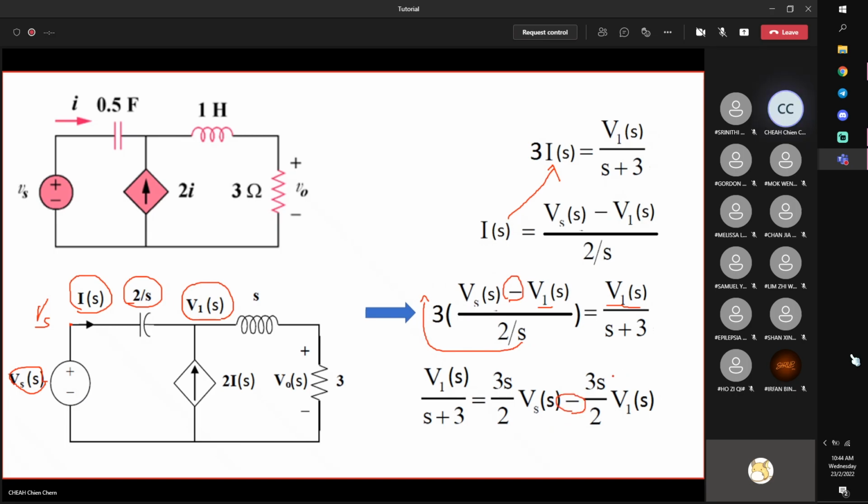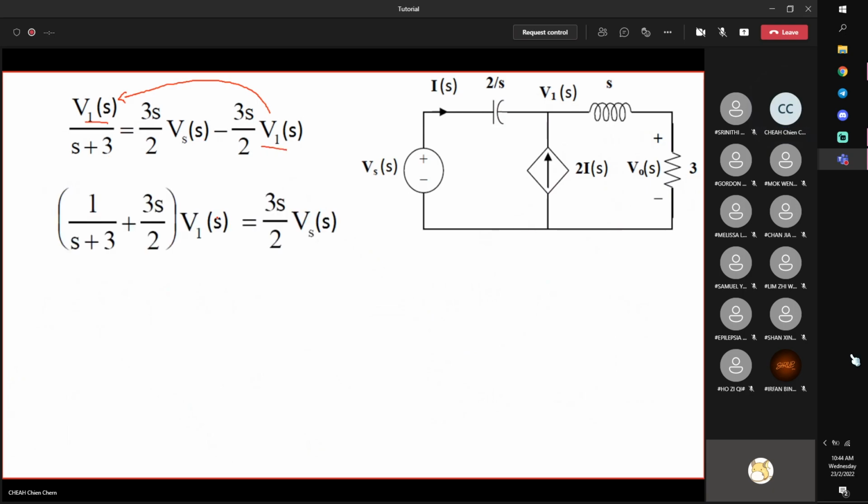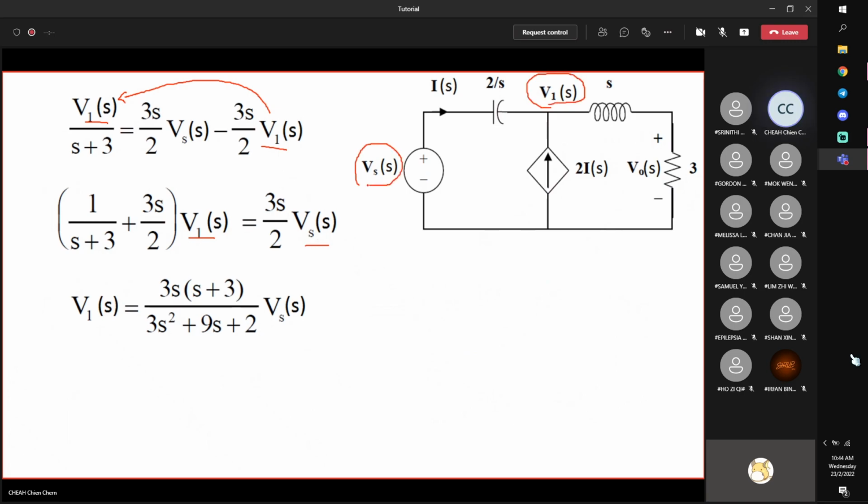After that, I can bring this term to the other side of the equation to group V1 together. Then I get V1 in terms of Vs. If you want to express V1 in terms of Vs directly, this is how this node voltage can be obtained in terms of Vs.